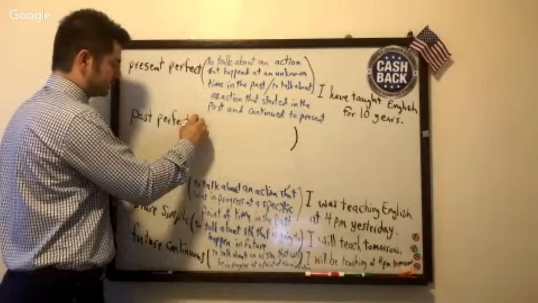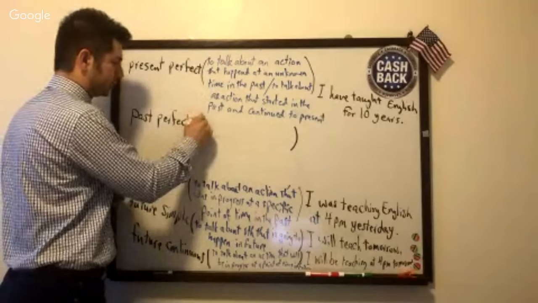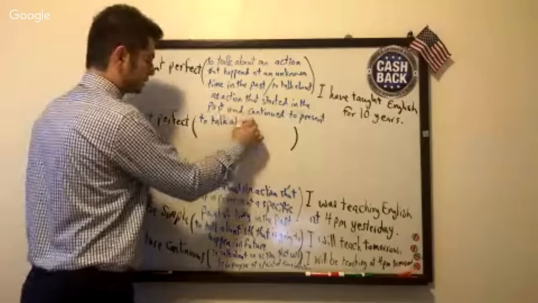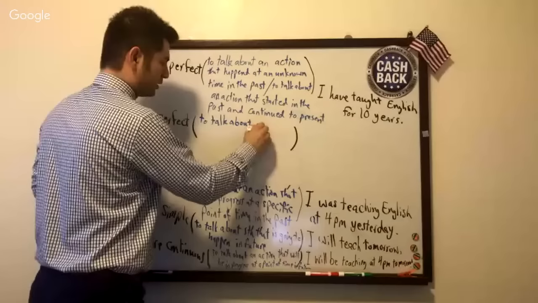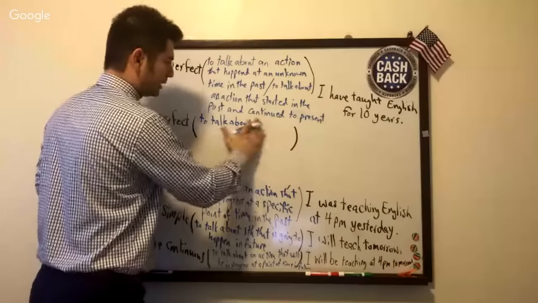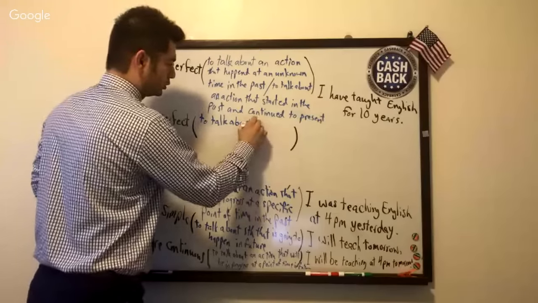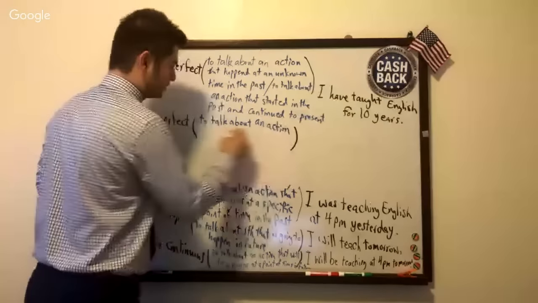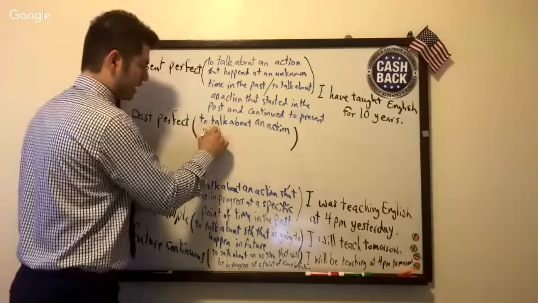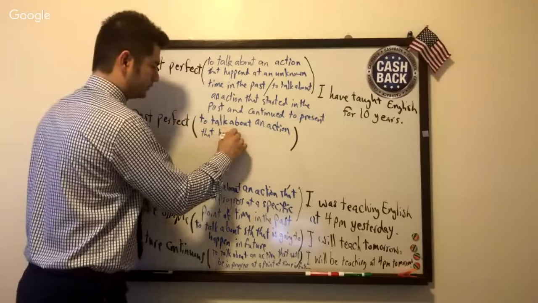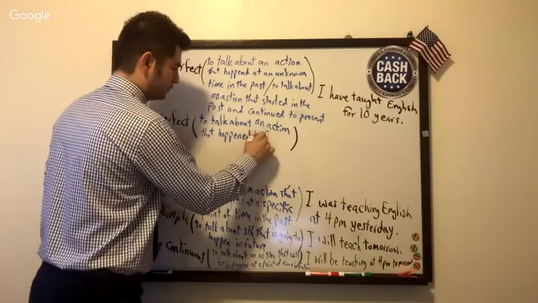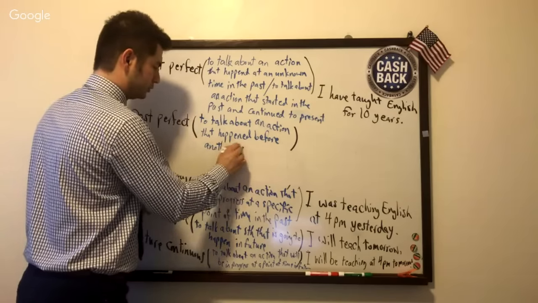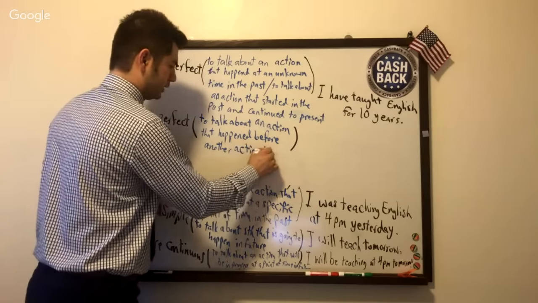So here's the definition. We use past perfect to talk about an action that happened before another action in the past.